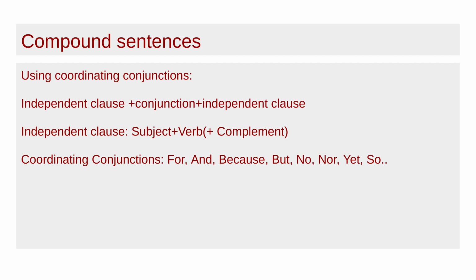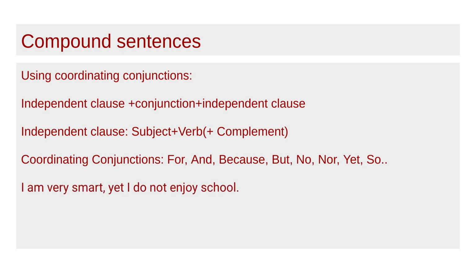I would suggest you pause the video and write these down, and you should practice making compound sentences from your simple sentences. Once you practice this, it won't take you much longer. It will become a habit of your writing and you will be able to produce higher band score writing. Clear?